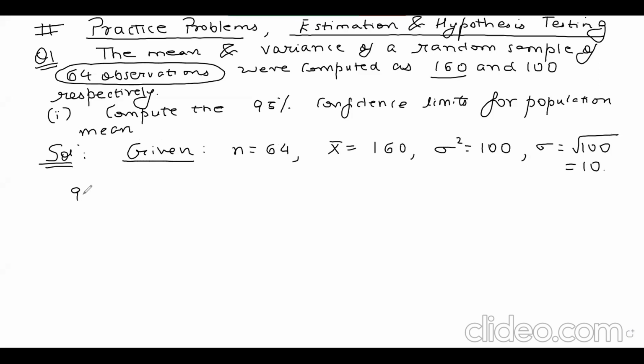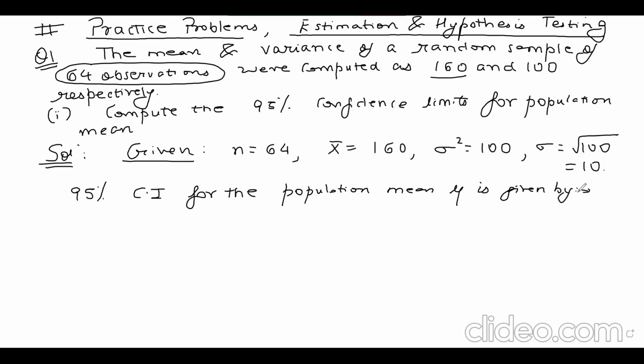We all know from the lectures on confidence interval estimation that the 95% confidence interval for the population mean mu is given by, remember the formula, x bar plus minus z star alpha by 2 times the standard error of x bar.